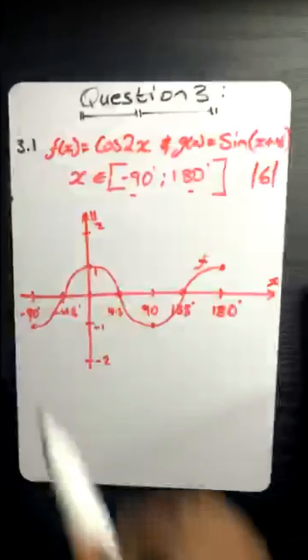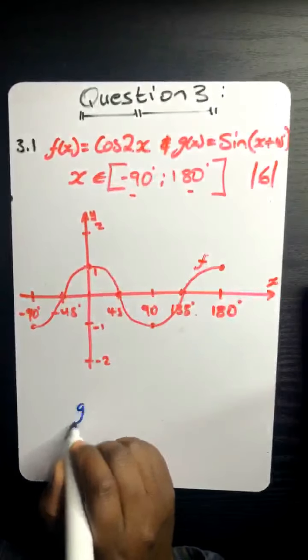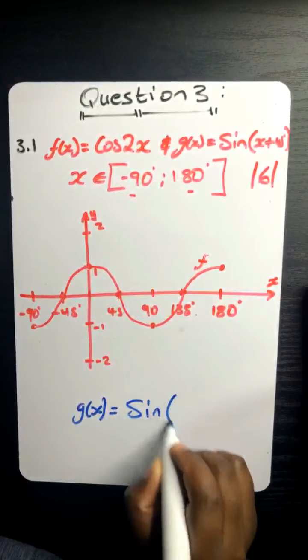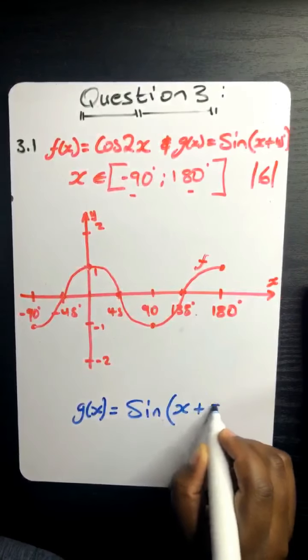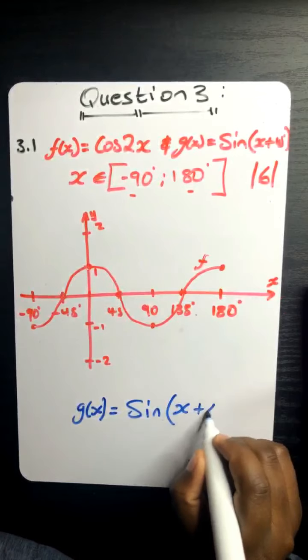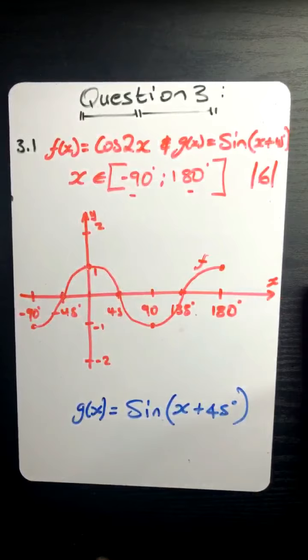Let's see. Now, let's plot the second one, which is g of x. Is there someone who can interpret for us this one of g of x? What are you seeing over there?